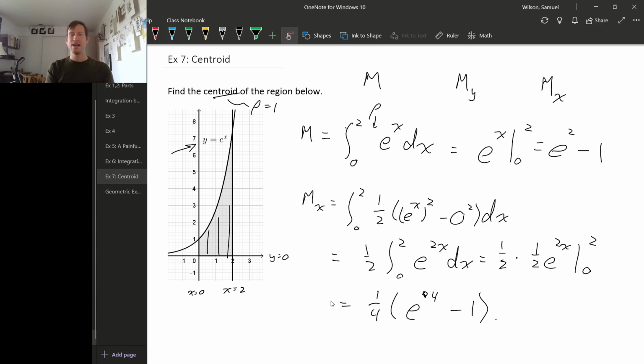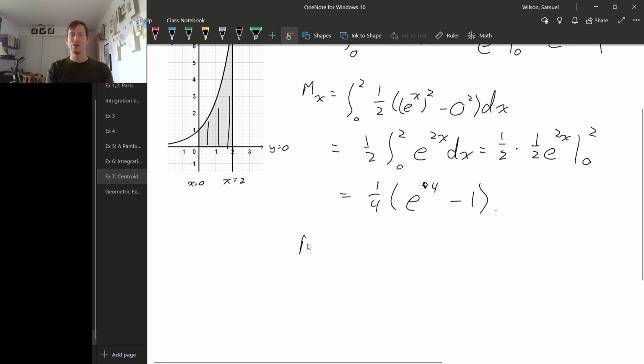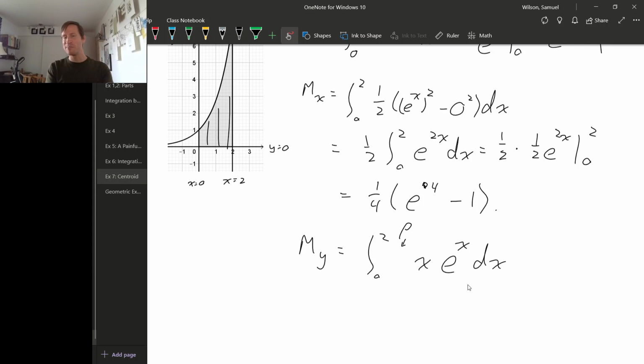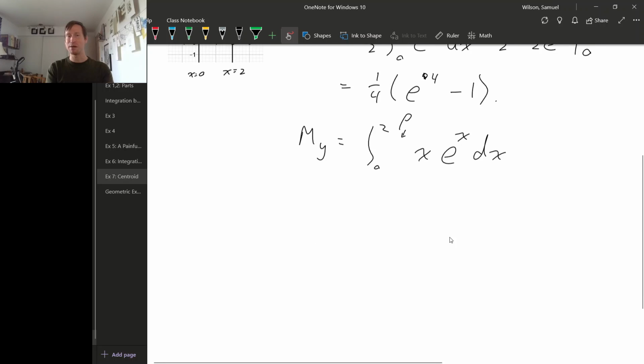Okay, and now moment about the y-axis. Moment about the y-axis is integral from 0 to 2, the density, which again is 1, so I'm not going to write it, times x times the top curve minus the bottom curve, which is just e to the x. And here you see a prime example of using integration by parts.